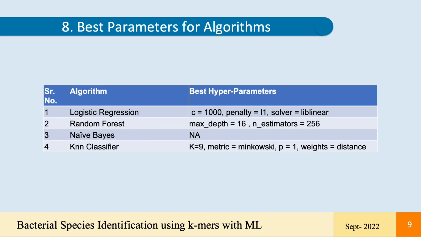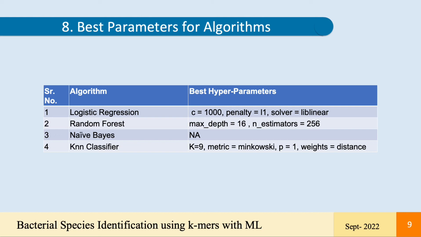I have performed the hyperparameter tuning in order to find the best parameters for the classification models in order to increase the accuracy while classifying the bacterial species. For logistic regression, I found C equal to 1000, penalty L1, solver linear as the best parameters. For random forest, I found max depth, meaning the depth of the tree, is 16, and number of trees 256 as the best parameters.